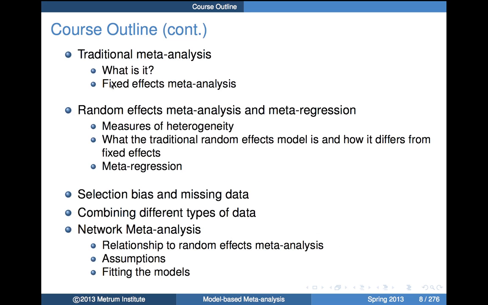So initially we'll talk about fixed effects meta-analysis, and then get into random effects meta-analysis and meta-regression, talking about some topics that crop up with meta-analysis, particularly when we're drawing on published data, things like selection bias, dealing with missing data, combining various categories of data, and then finally some network meta-analysis.